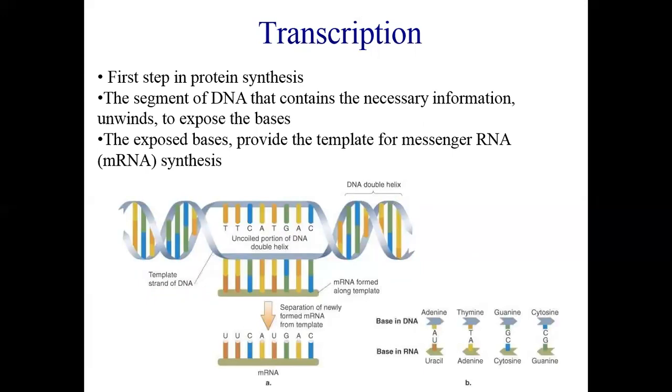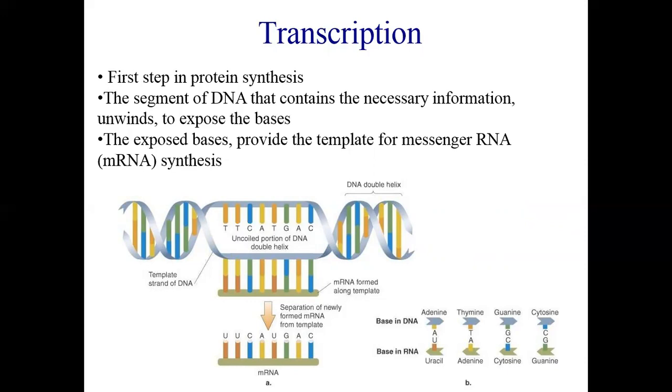The first step of transcription: the main role of transcription is that it is the first step of protein synthesis, because protein synthesis can only be done on a strand of RNA, and proteins are synthesized only from RNA.